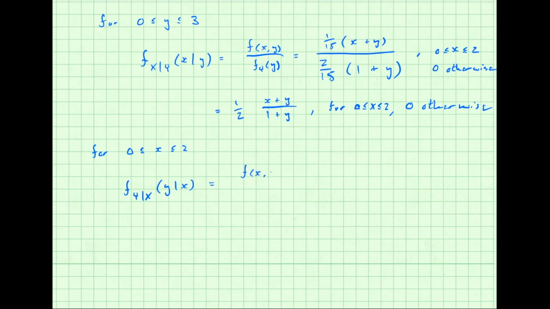I'm just going to write it out so I know what to steal from above. And the numerator, again, I know that's the same. So that's a 15th x plus y, if y is in between 0 and 3, and then 0 otherwise.